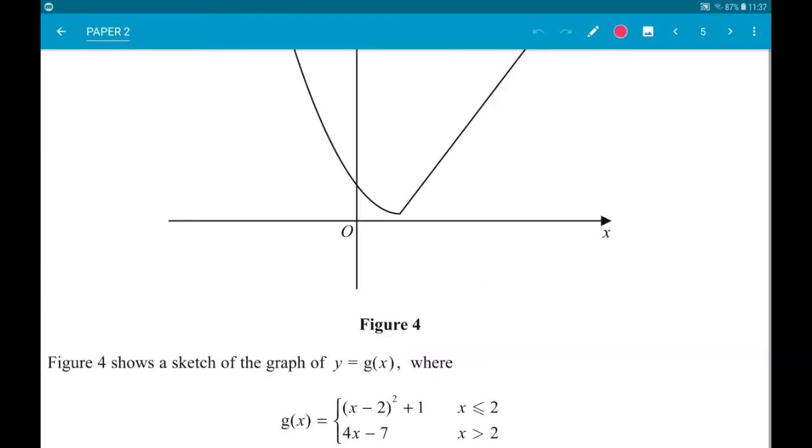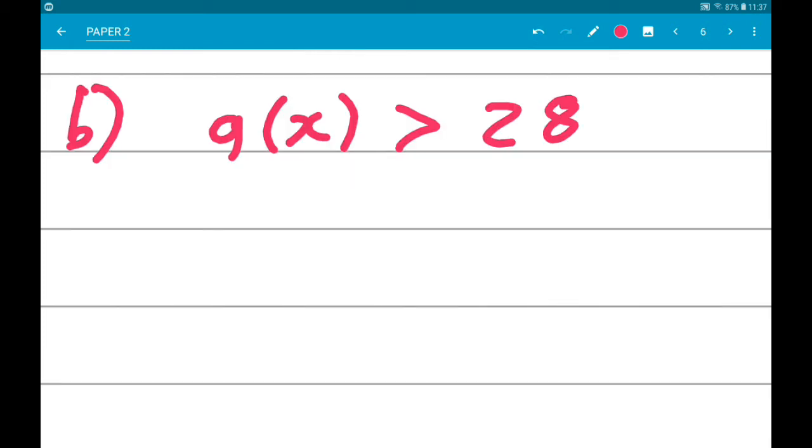Part B. Find all the values of x such that g of x is greater than 28. Okay, so we need to consider both parts of the function. So let's do the quadratic first. So, we want to solve x minus 2 squared add 1 is greater than 28.